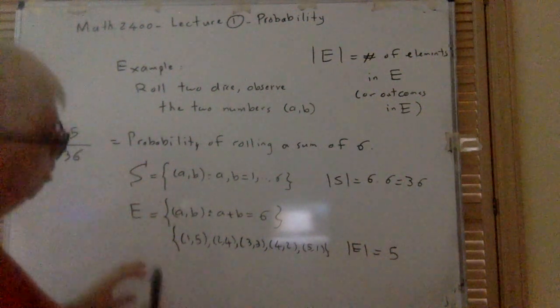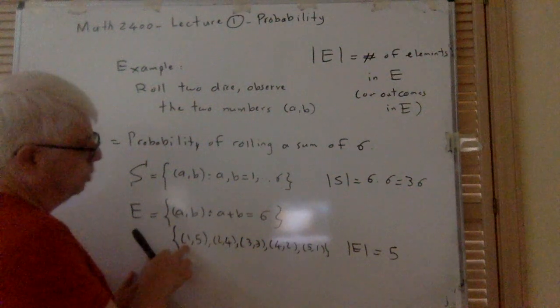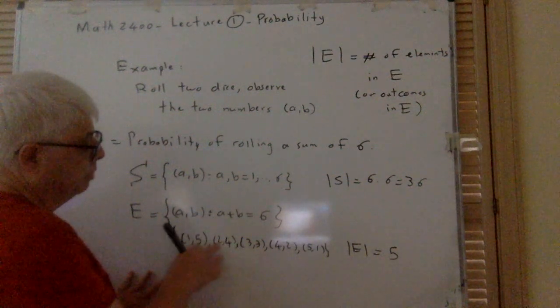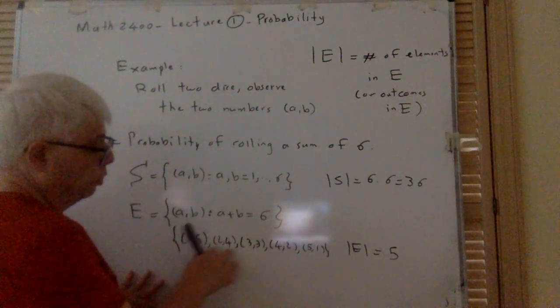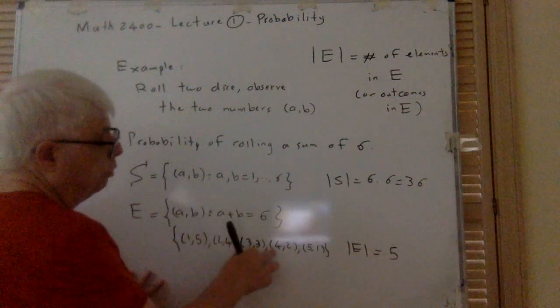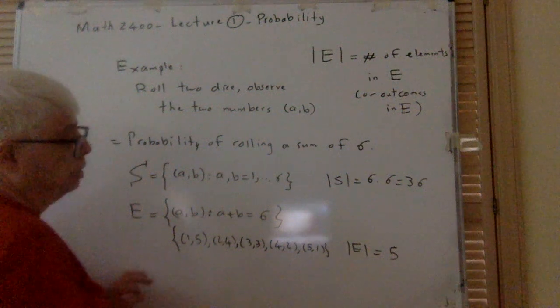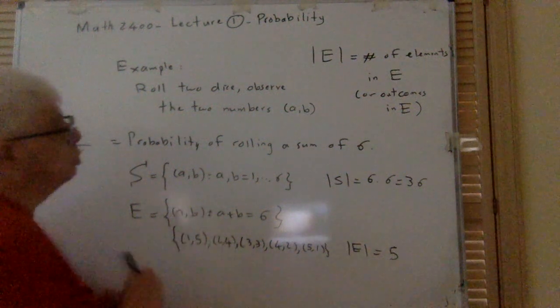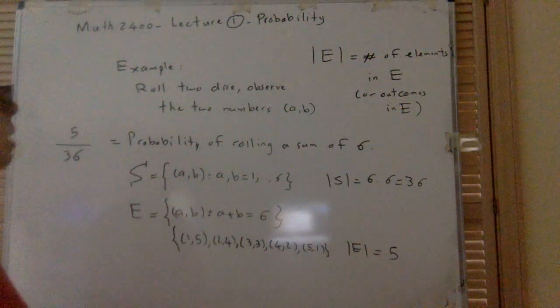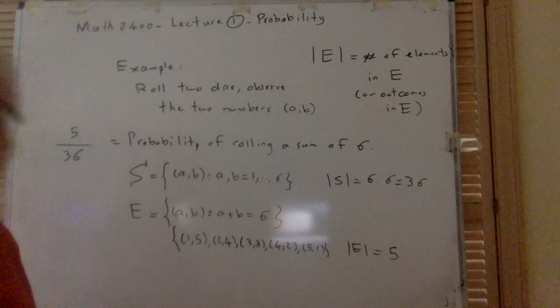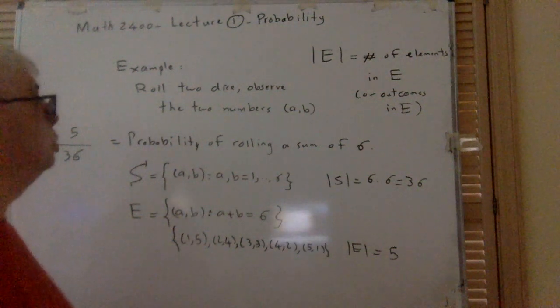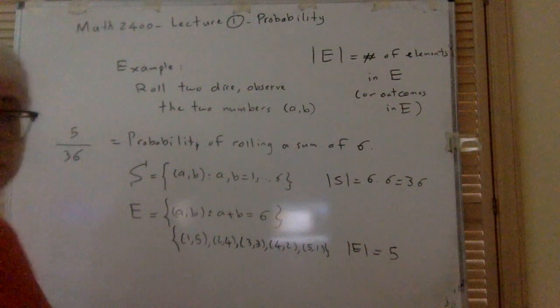So how did I come up with this number? I said the first one is 1, the second is 5, then the first one is 2, 4, 3, 3, 4, 2, and 5, 1. There's nothing else. Now, usually when we talk about rolling 2 dice, we mean that these 2 dice are different. We can say 2 dice of different colors.